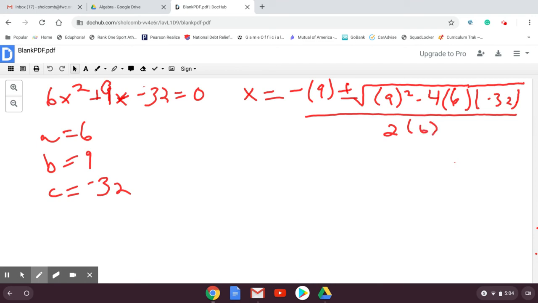All right, so let's start narrowing things down. From here, it's just PEMDAS. x is equal to negative 9 plus or minus the square root of... My 9 squared is 81. And again, this is the single most important part: what sign comes after that 81. It's not always going to be a minus. In this case, we have negative 4 times 6 times negative 32. A negative times a negative is a positive.